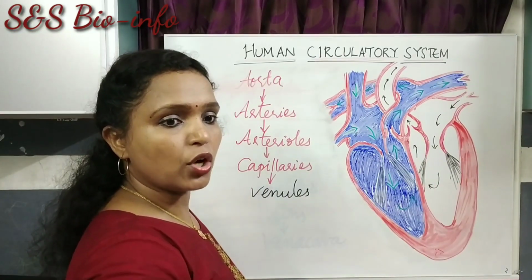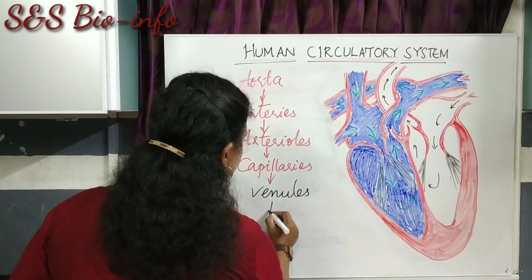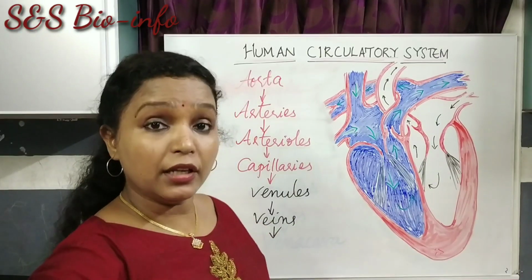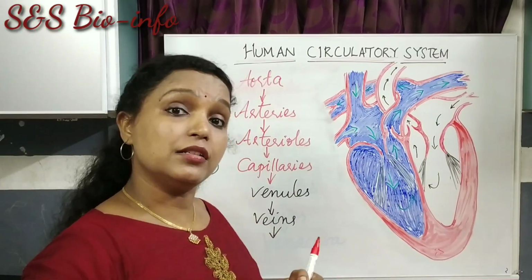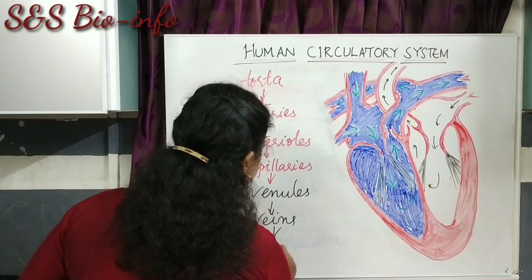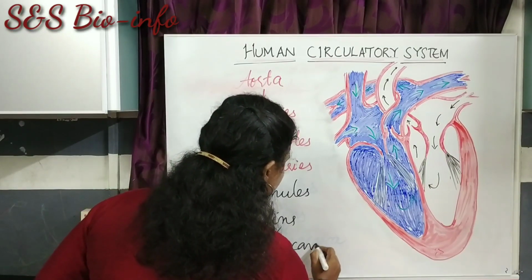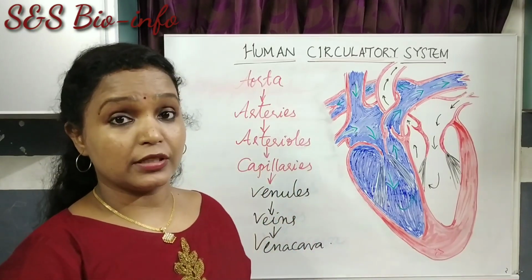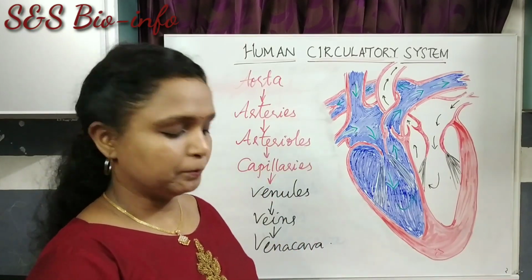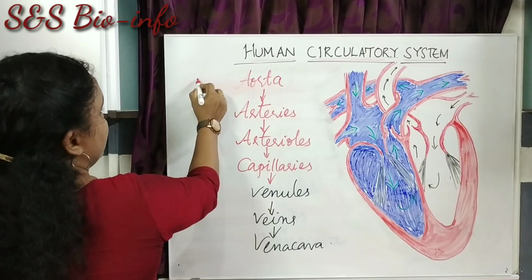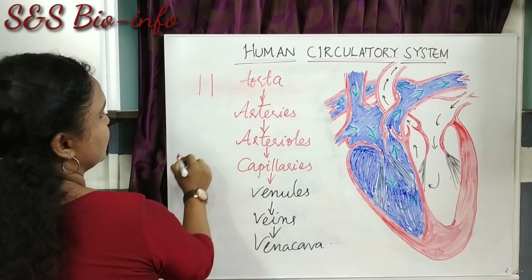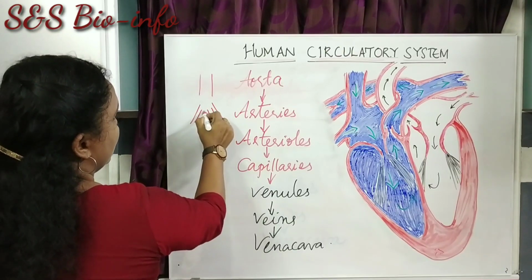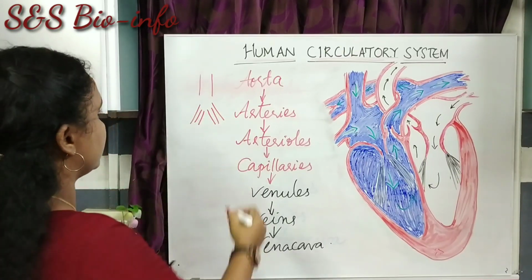Then venules are joined to form veins. So, many such veins join to form the largest vena cava. So, this is a network of blood vessels that are found in the human body. Here, diagrammatic representation, the largest aorta, then divides to form many small tubules called arteries.